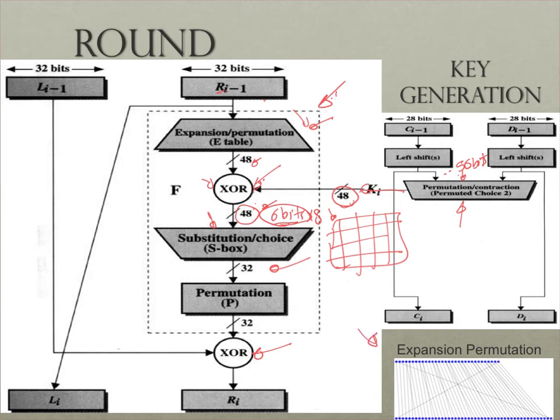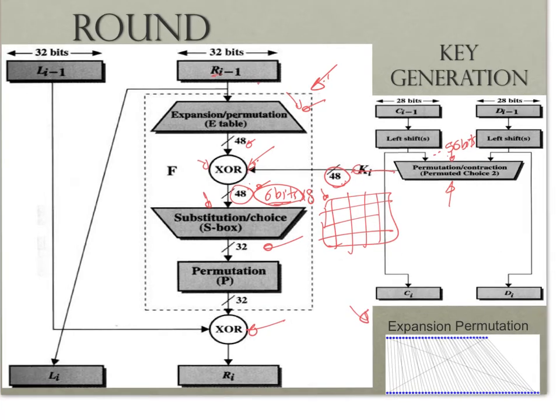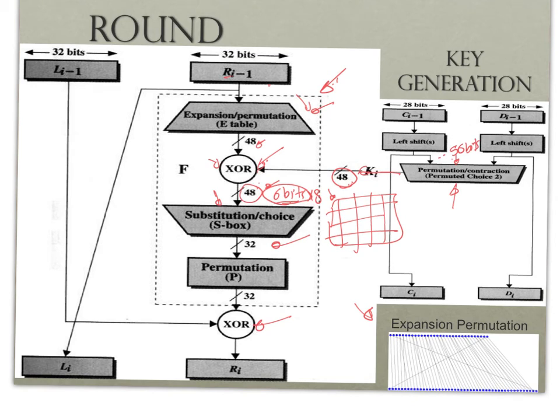This is, of course, the permutation with expansion, which again, you don't have to memorize how it looks or which bits are permuted to which location, but this is how the permutation with expansion would look. In that case, the output has a bigger size than the input. For contraction, the output will have a smaller size than the input.